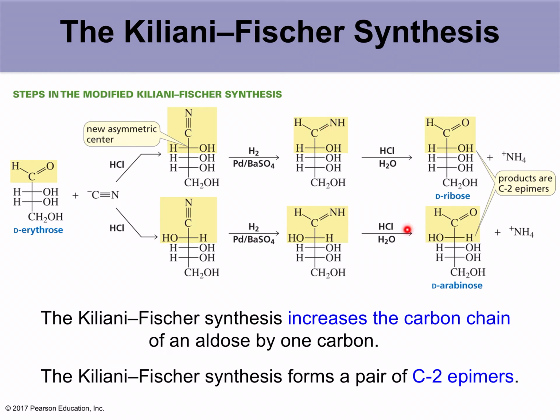At the end you have generated two epimers, D-ribose and D-arabinose, and they are C2 epimers. Their hydroxyl groups differ in their place of attachment, on the right and the left. The Kiliani-Fischer synthesis increases the carbon chain of an aldose by one carbon and forms a pair of C2 epimers.